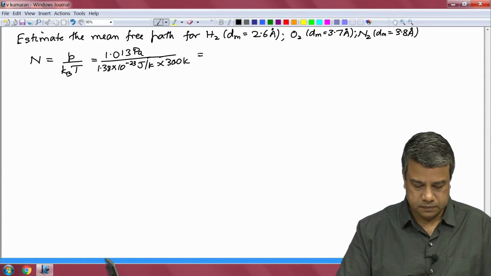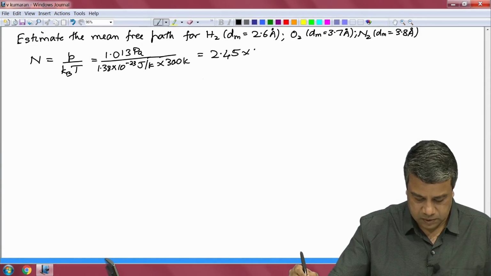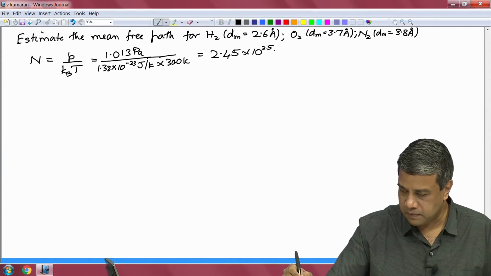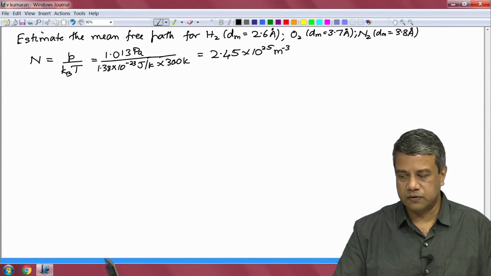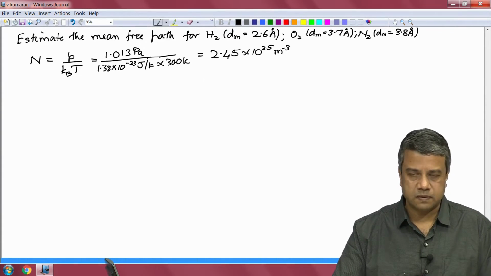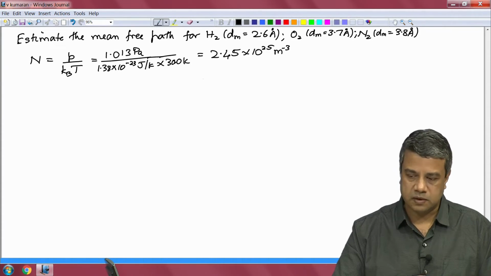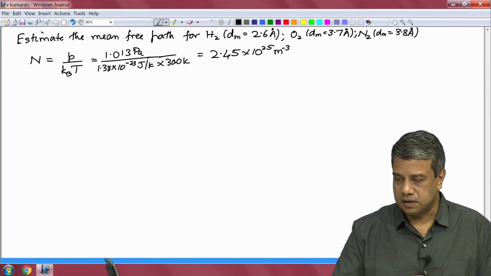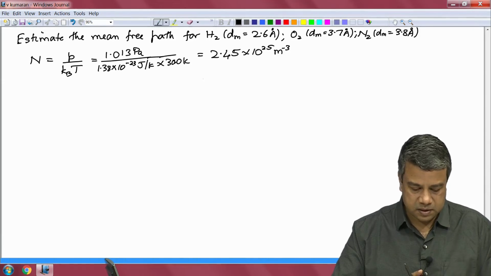You can do this calculation to get 2.45 into 10 power 25 per meter cubed, that is molecules per meter cubed, the number of molecules per unit volume. This number does not depend upon the molecular weight or the molecular diameter. It depends only on the pressure and temperature. So, there is the number density.